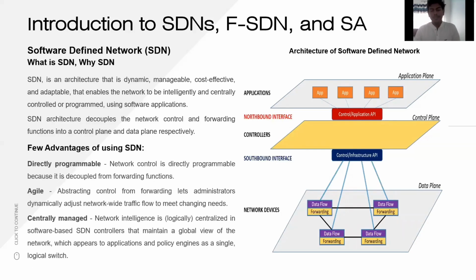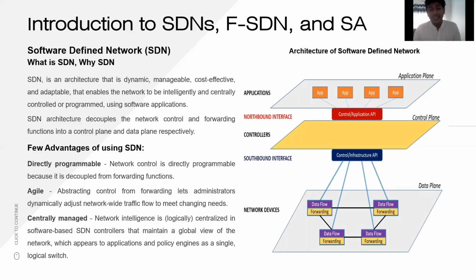Breaking the network into three different layers also makes the network more dynamic and manageable, while cost-effective and adaptable, which enables the network to be intelligently and centrally controlled or programmed.